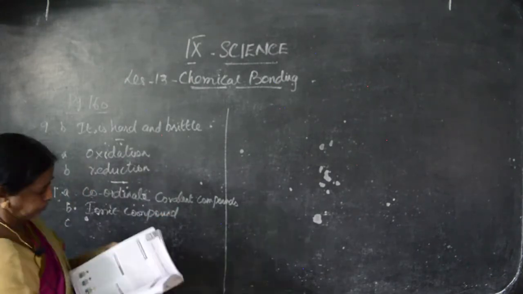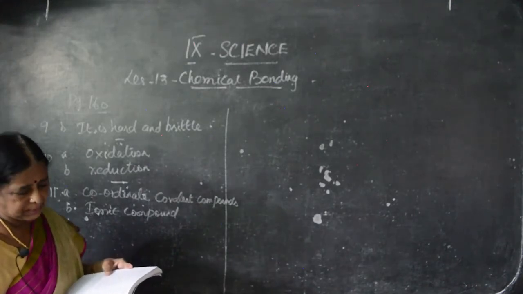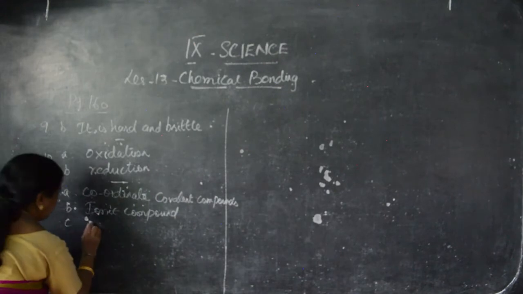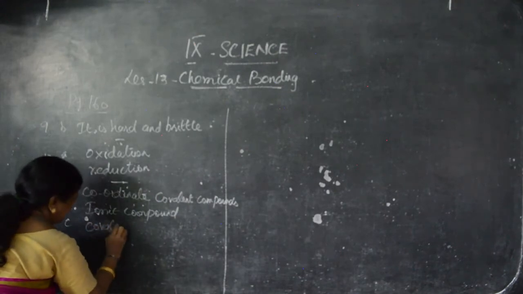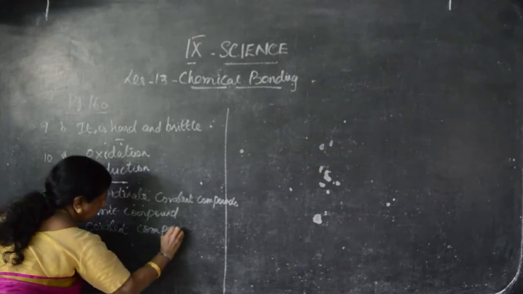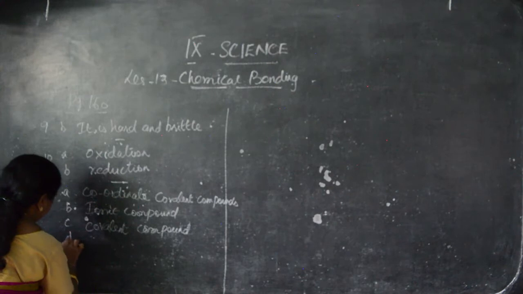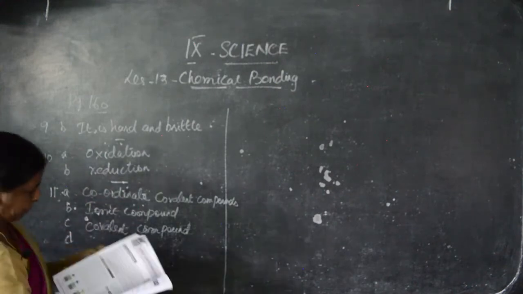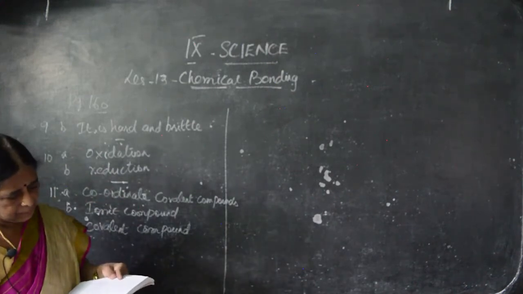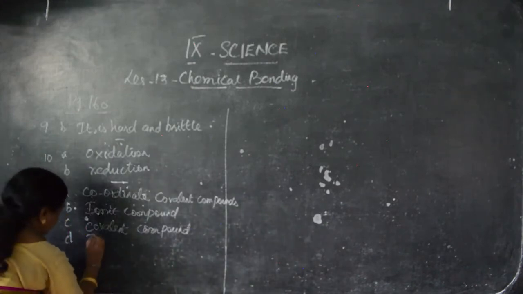And C, non-conductors of electricity, that is covalent compound. And D, solids at room temperature, ionic compound.